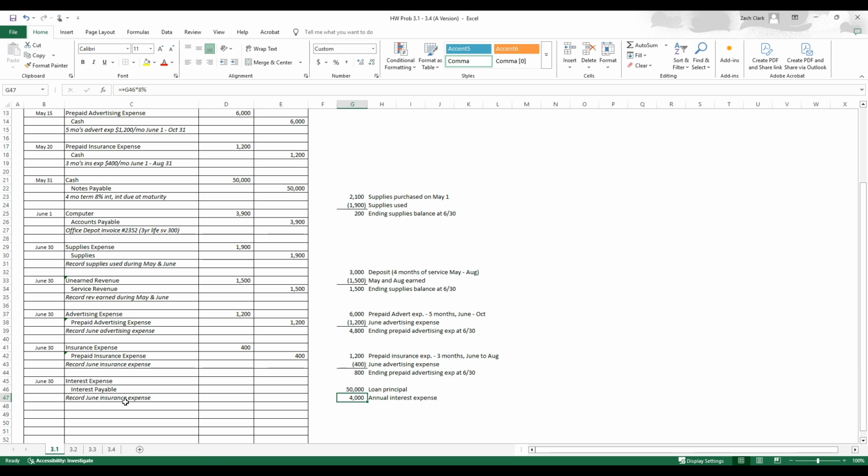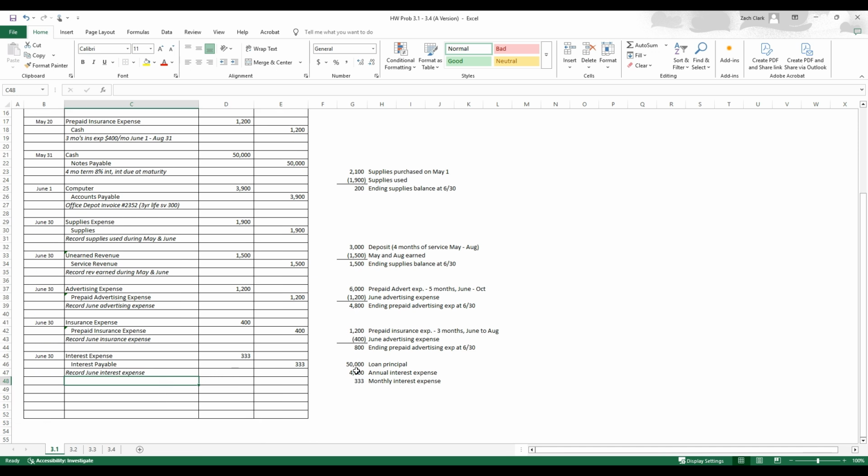And we want 1 month's worth, not 1 year's worth. So let's take that 4,000 divided by 12. And then we can basically just say monthly interest expense. I'm just going to link over to my calculation. And we'll say record June interest expense. Okay.